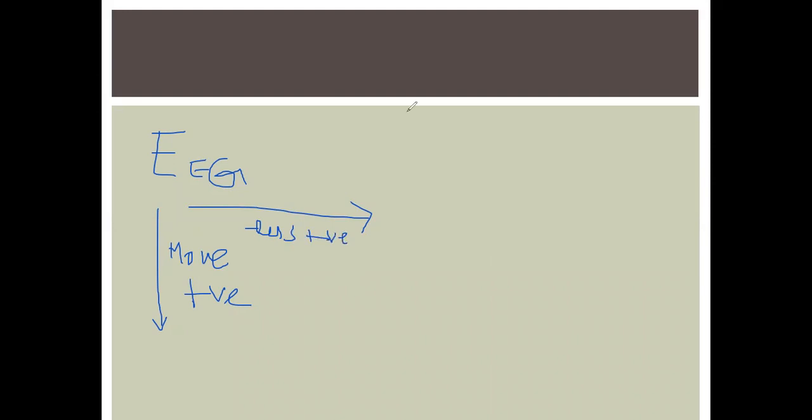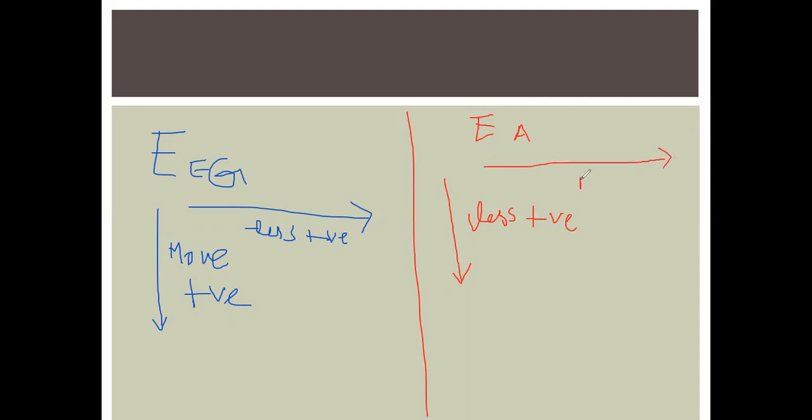And when you take the electron affinity, it is the opposite of that: down the group it is less positive, and along the period it is more positive.